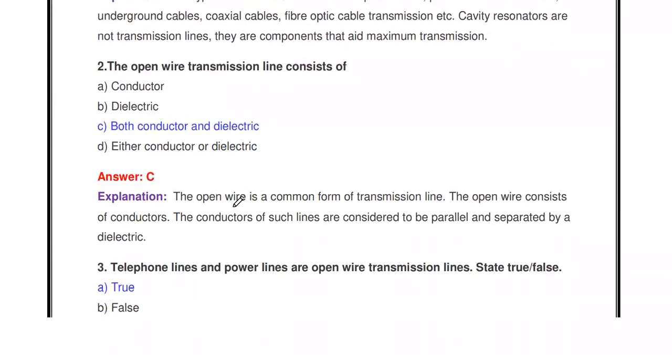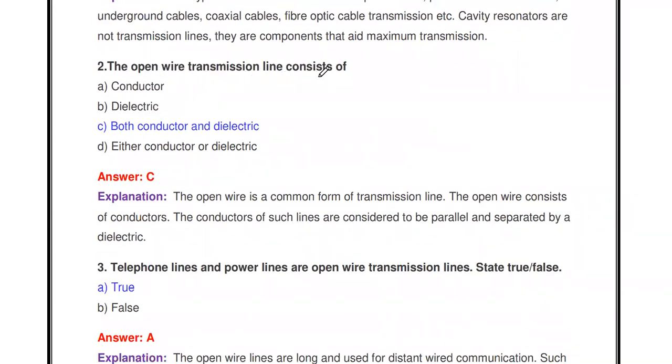The next one: the open wire transmission line consists of dash: conductor, dielectric, both conductor and dielectric, either conductor or dielectric. The open wire transmission line consists of both conductor and dielectric.